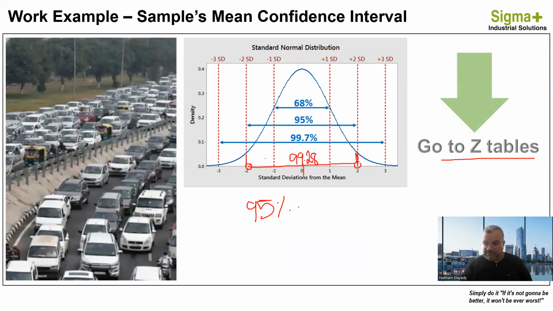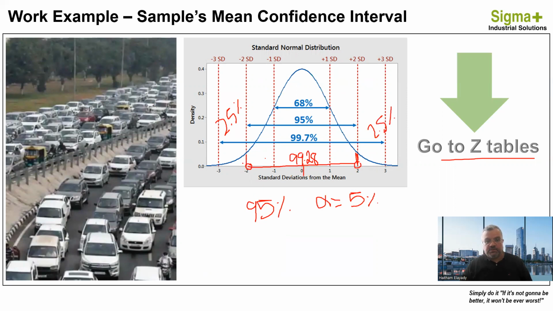So that means that the alpha, which we call the significance level, is 5%. And those 5% will be distributed as 2.5% on the left side and 2.5% on the right side.